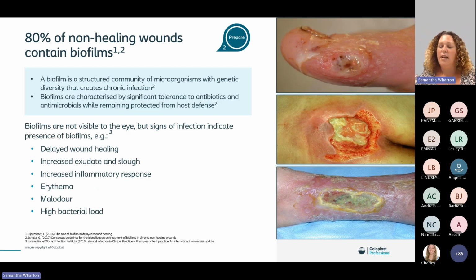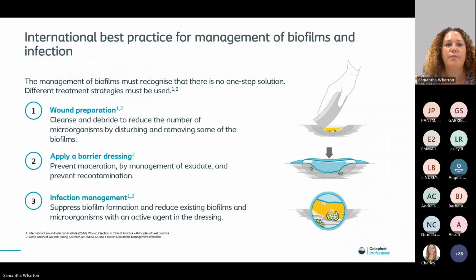What you need to do is cleanse and debride and break down and stop that umbrella structure protecting them, so that then whatever you're using on that wound bed can be as effective as possible. So the international best practice for management of biofilm infection is that, you know, it's recognized that it's not a one-step solution, but you need to have regular and necessary wound cleansing and debridement.